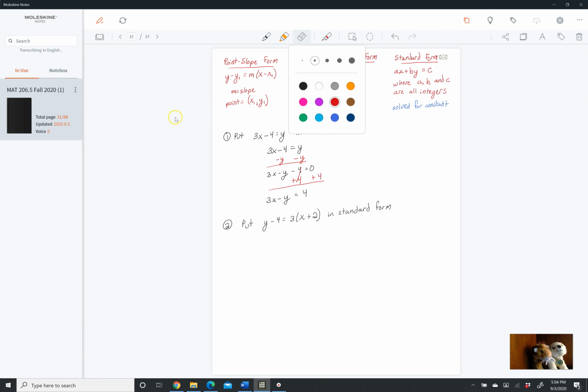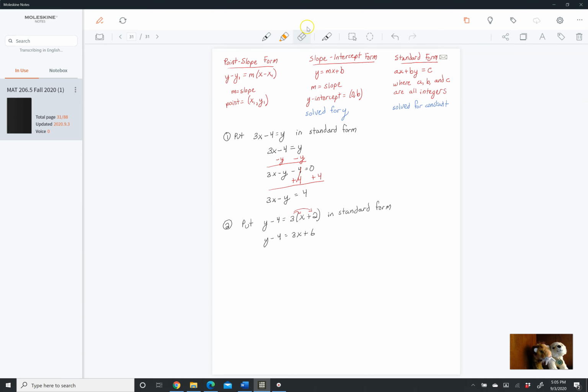First step is we have to get rid of parentheses. So we're going to distribute the 3. So we get y minus 4 is equal to 3x plus 6.